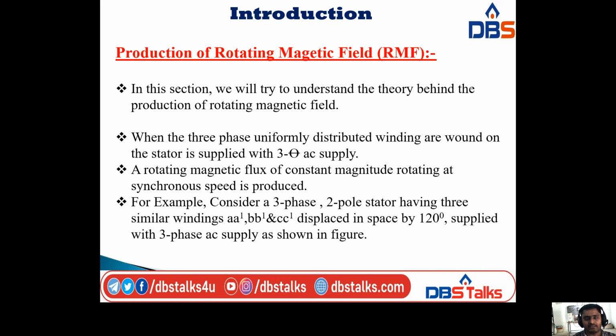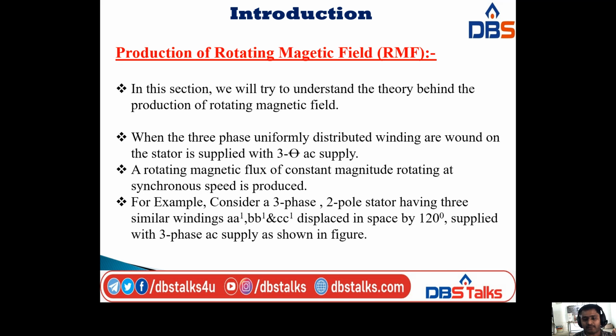The synchronous speed is, for example, 1500 rpm, a fixed speed. For example, consider a three-phase two-pole stator having three similar windings, A dash, B dash and C dash, displaced in space by 120 degrees and supplied with three-phase AC supply.